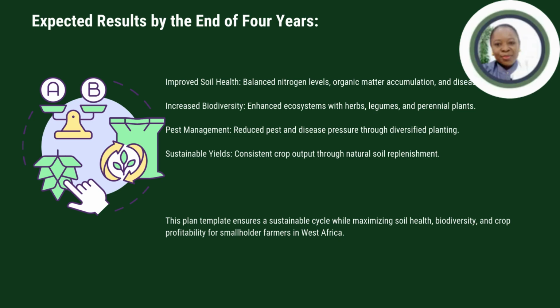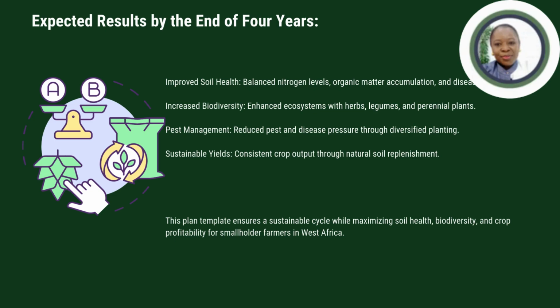Expected results at the end of 4 years. After Afri-Eden Farms adopts this plan, the farm expects to have improved soil health, balanced nitrogen levels, organic matter accumulation, and disease control. Secondly, the farm expects to have increased biodiversity, enhancing ecosystems with herbs, legumes, and perennial plants.